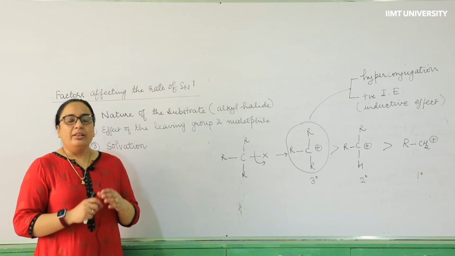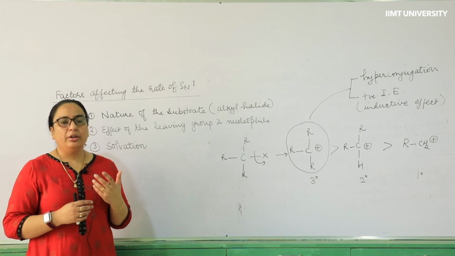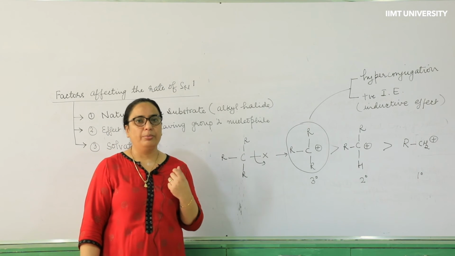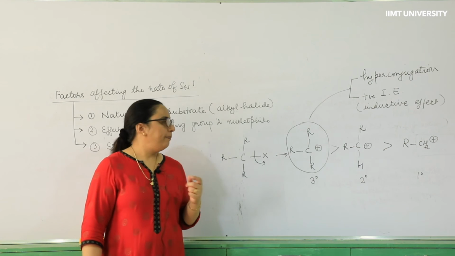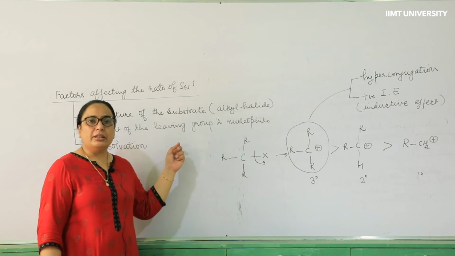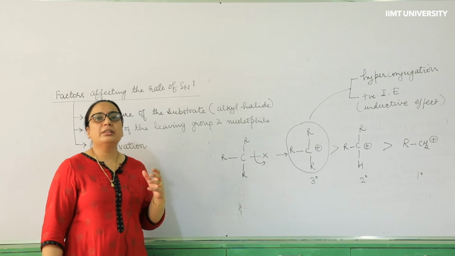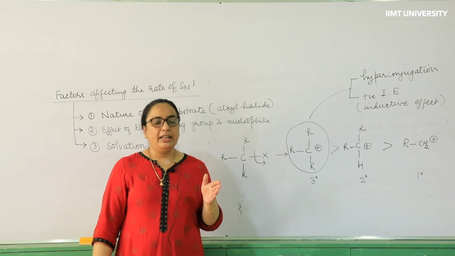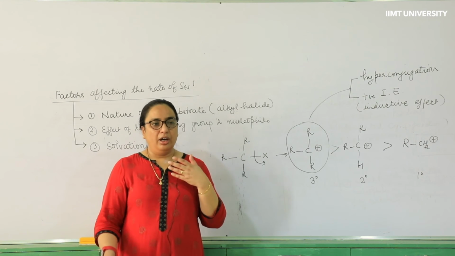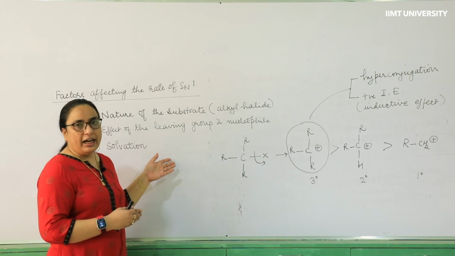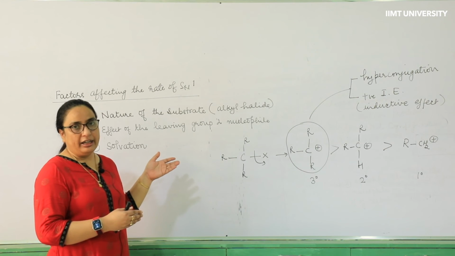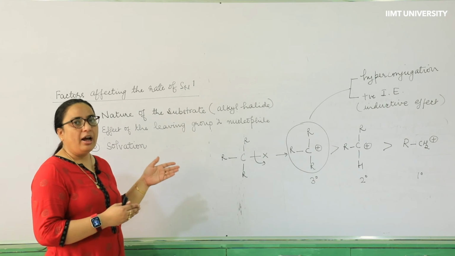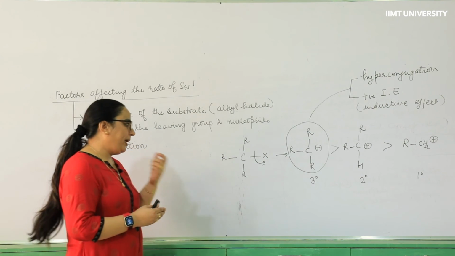Next is the effect of the leaving group and the nucleophile. The leaving group should be good. Now, what is the definition of a good leaving group? The good leaving group is the group which is able to form a stable anion after the detachment. So we can say that the halide which is present in the alkyl halide, if it is more electronegative, then it will have more tendency to form a stable anion after getting detached from the parent compound.